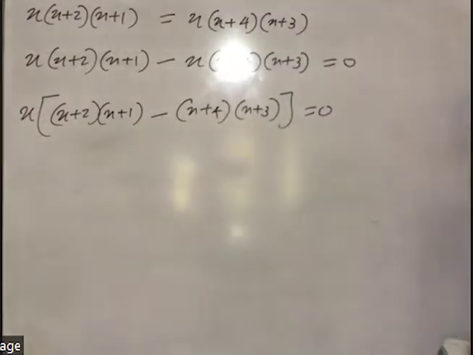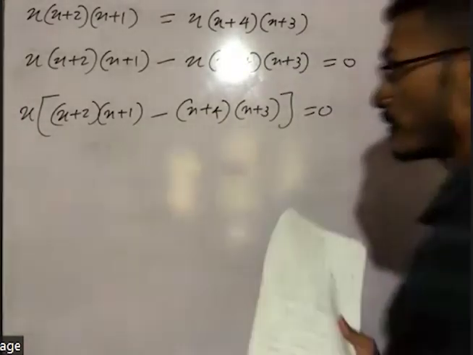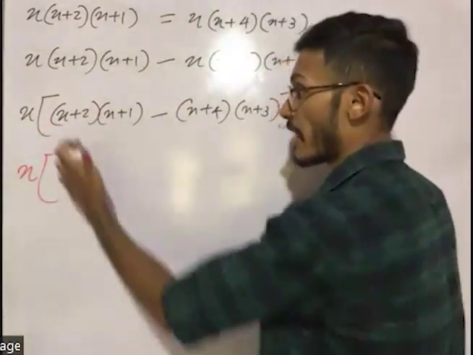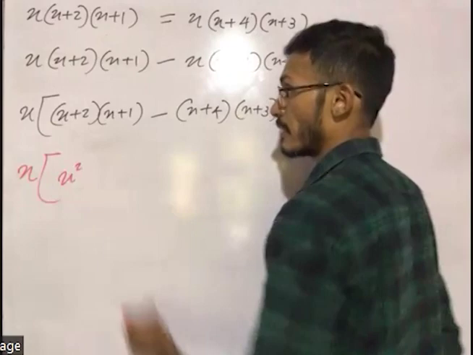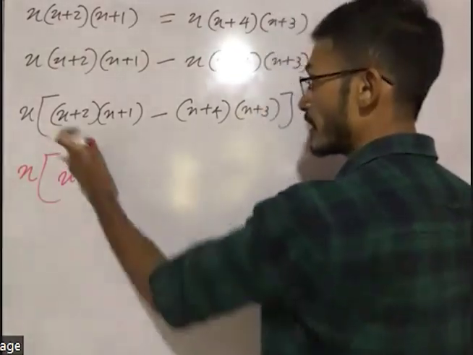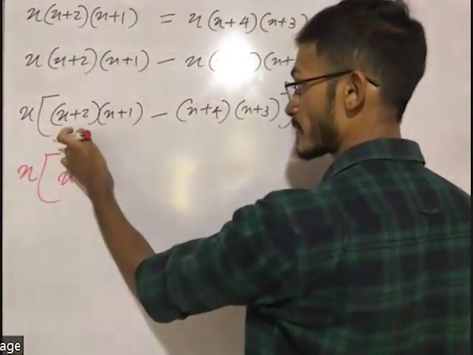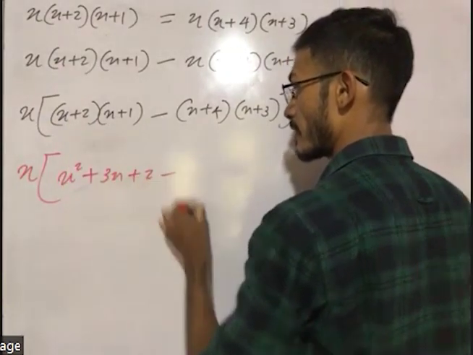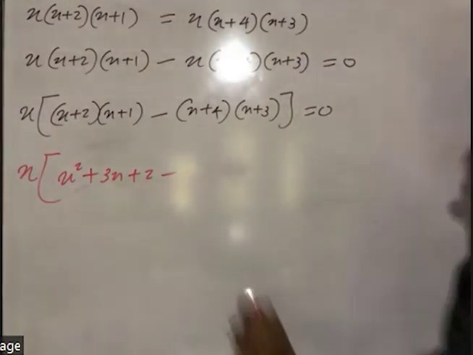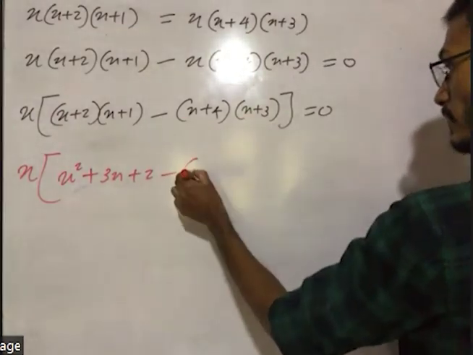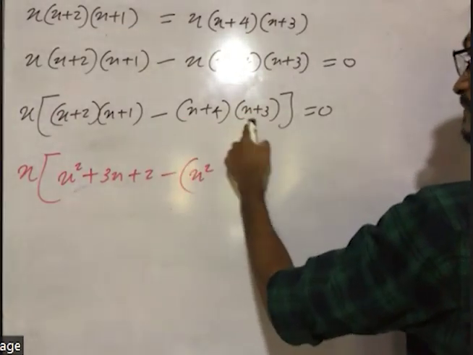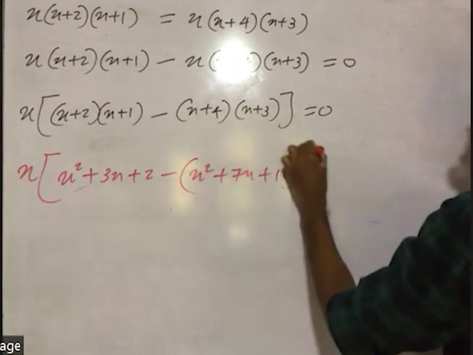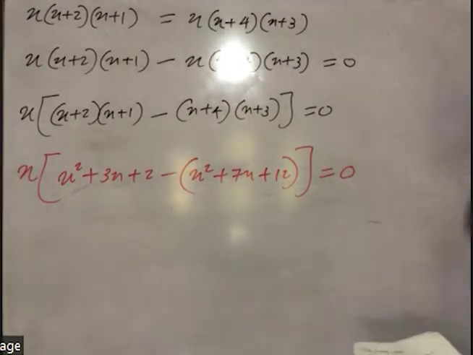Right. So if you simplify the brackets, x plus 2 into x plus 1, here we have x square. Right. x square. Here we have x into 2, plus 2x, that means 3x plus 2, minus second part, x square plus 3x plus 4x plus 7x plus 12, equal to 0.